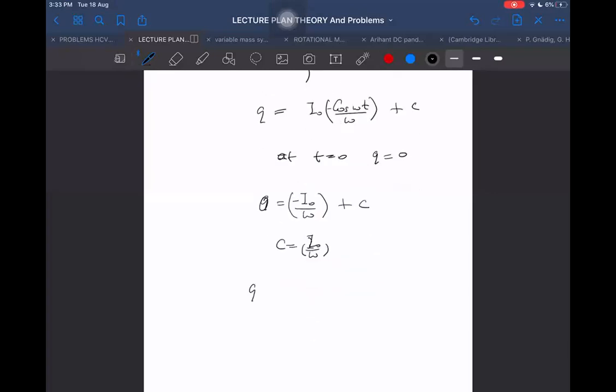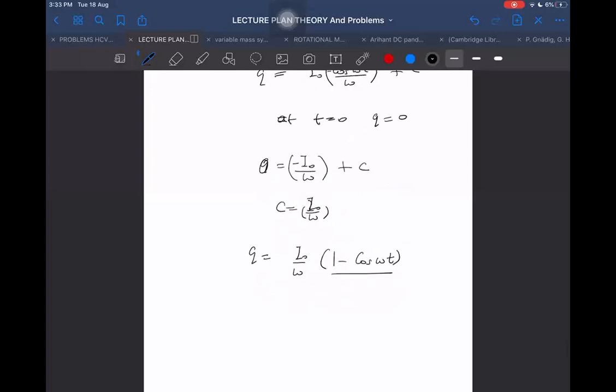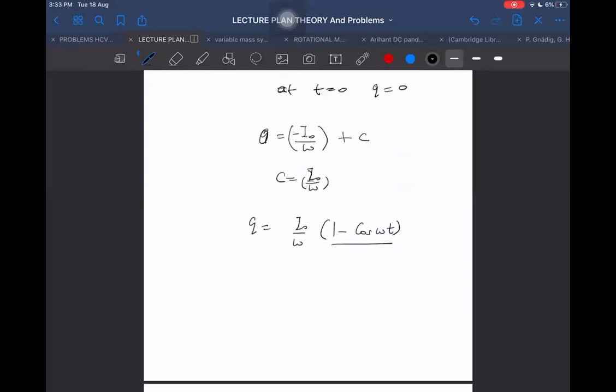Then q equation, I wrote it wrong last time. You are right. It should be I naught by omega into 1 minus cos omega t. That is q. Is it right? Q is equal to I naught by omega into 1 minus cos omega t. Okay.